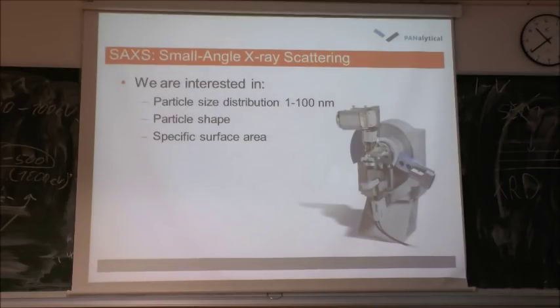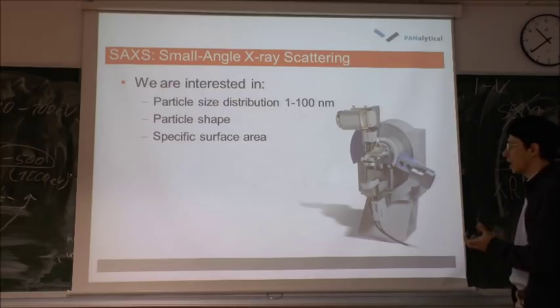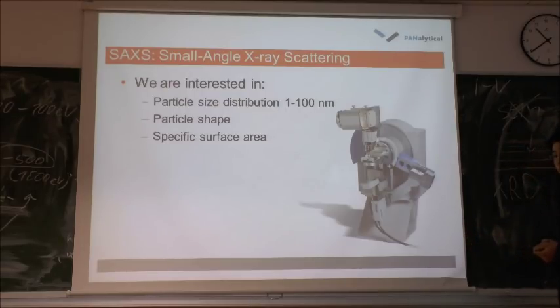But actually, the geometry which is used for the transmission XRD measurements is also used for SAXS measurements. This is small angle X-ray scattering. So basically, this is the reason why we are also interested in the geometry itself. In this geometry, we can analyze particle size distribution from 1 to 100 nanometers.